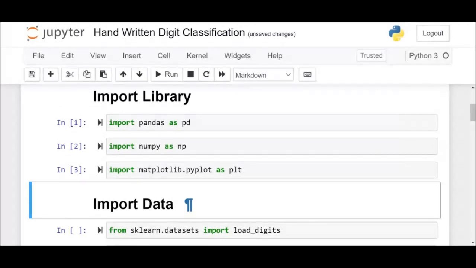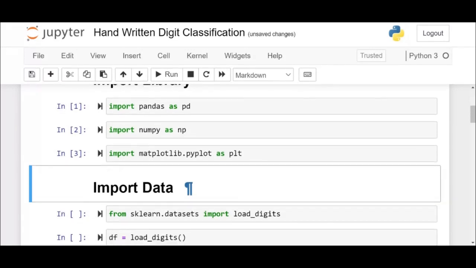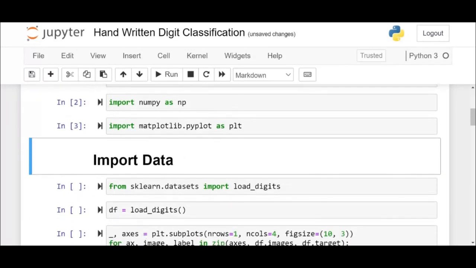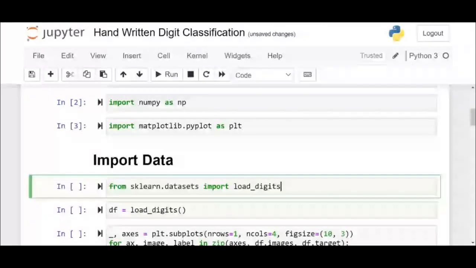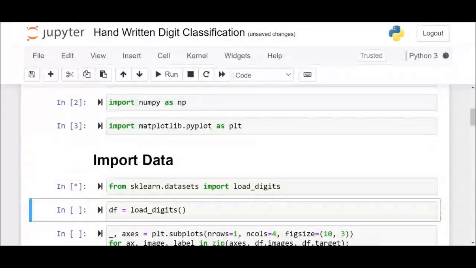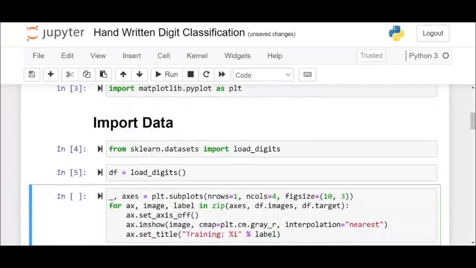We import pandas, numpy, and matplotlib in this case. Now, to get the data, there is a module called datasets. From here, we will import load_digits. The name of this handwritten digit data set is digits. We load the digits, and then we assign it the name df. Now df is equal to my digit data set.